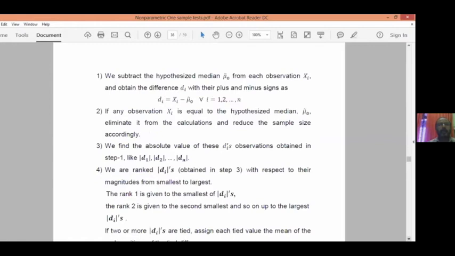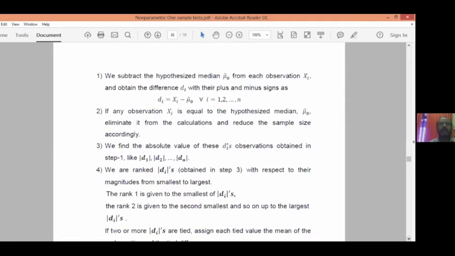We subtract the hypothesized median from each observation and obtain the difference di, with plus and minus signs. So di is xi minus mu naught for every observation i from 1 to n. If any observation xi is equal to the hypothesized median mu naught curl, eliminate it from the calculations and reduce the sample size accordingly.